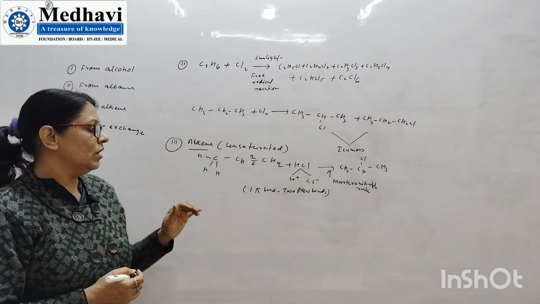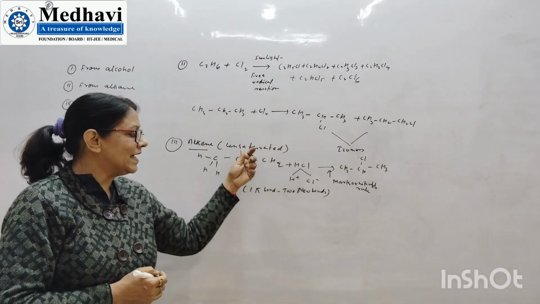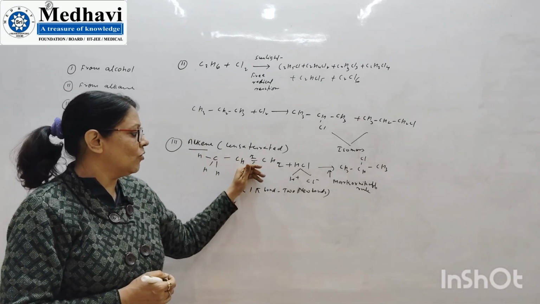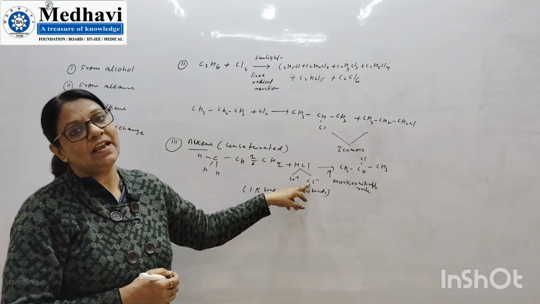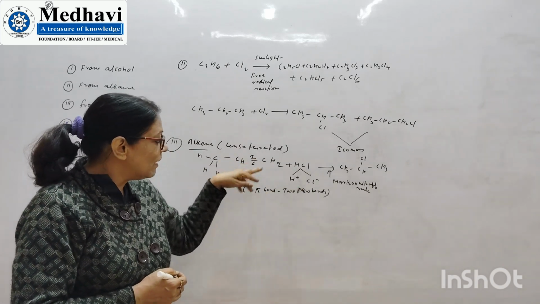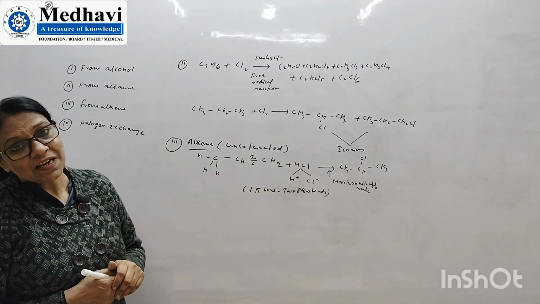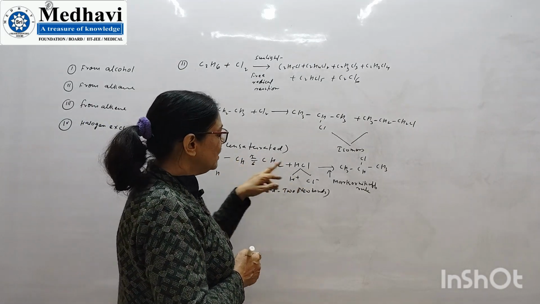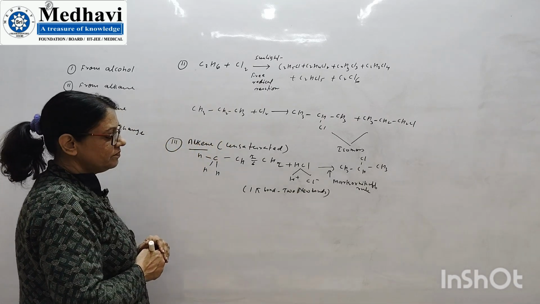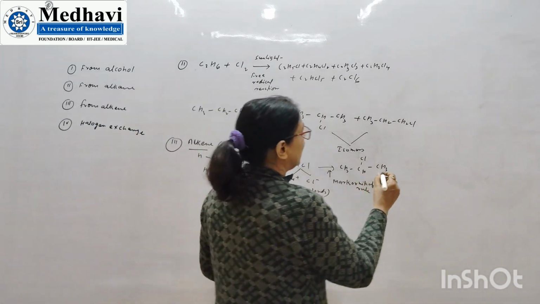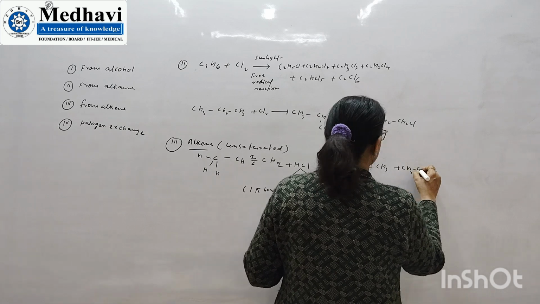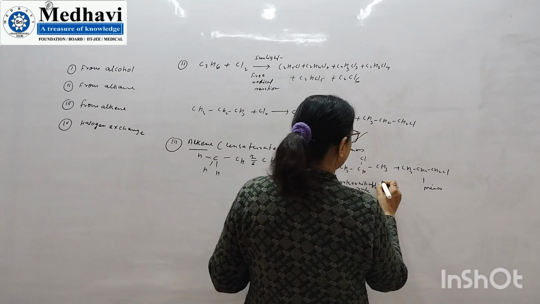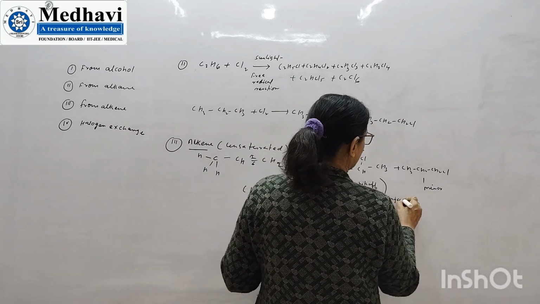According to this rule, when a reagent is attacking an unsaturated, double bonded compound, the negative part of the reagent will attack the double bonded carbon which has the least number of hydrogen atoms. So here this Cl will attack this carbon. So this is the main product. Here one more product can be formed, but the major product is this one, and CH2, CH2, Cl is the minor product, according to the Markovnikov rule.